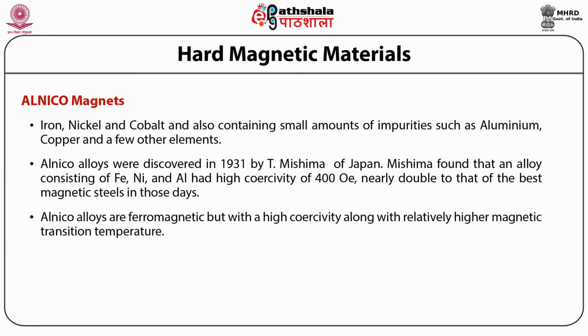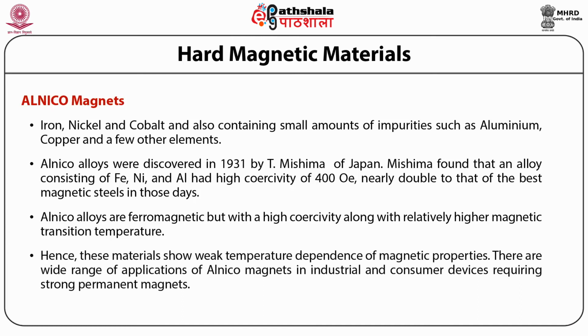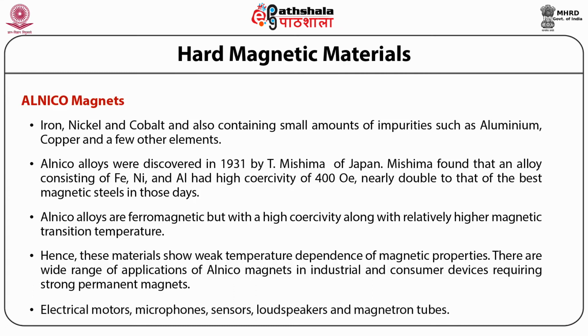Alnico alloys are ferromagnetic with a high coercivity along with a relatively higher magnetic transition temperature. Hence, these materials show weak temperature dependence of magnetic properties. Alnicos have a wide range of applications such as electrical motors, microphones, sensors, loudspeakers, and magnetron tubes.